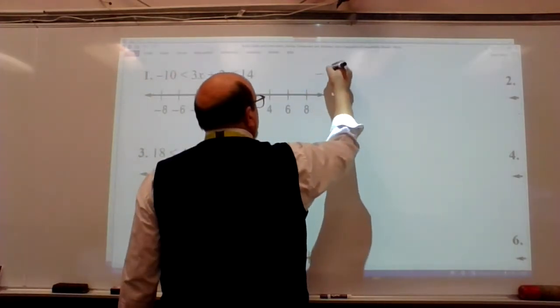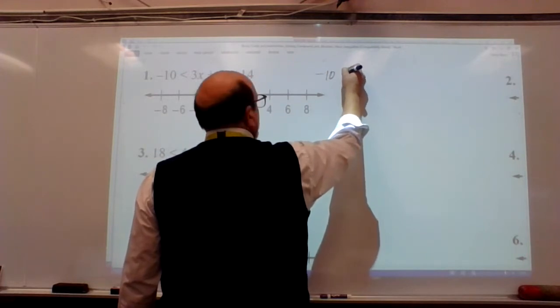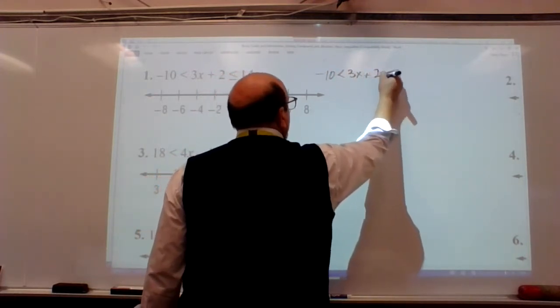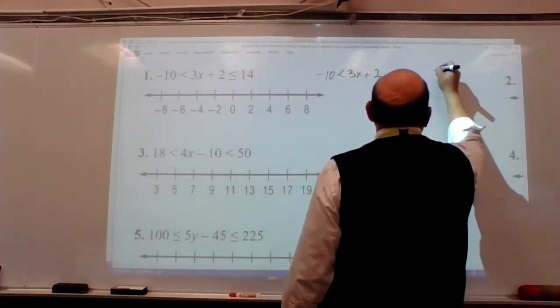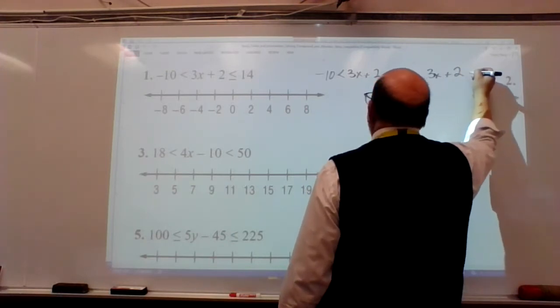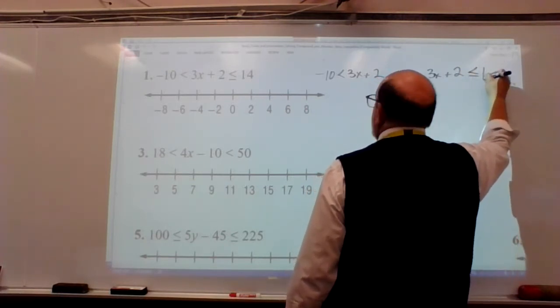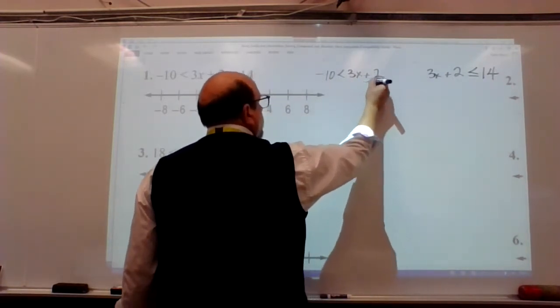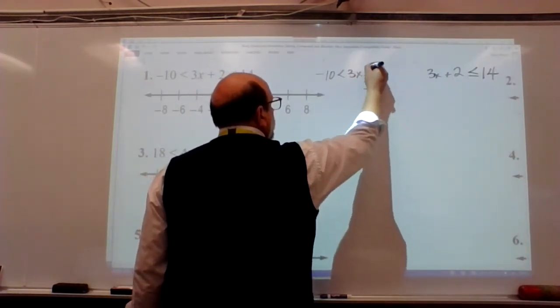So we have negative 10 is less than 3x plus 2, and 3x plus 2 is less than or equal to 14. First step here is to undo our addition with subtraction.